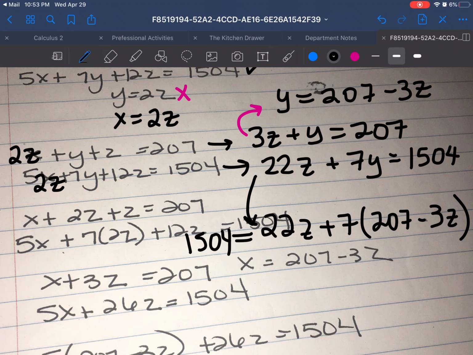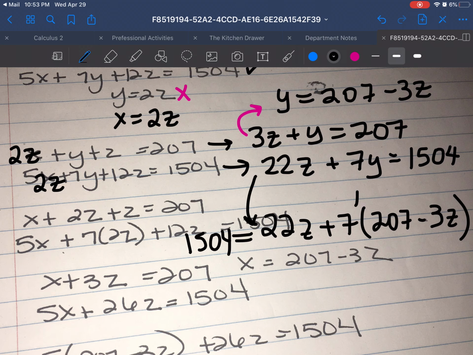And so if you solve, let's see, I should have figured out the product of 7 and 207. So 7 times 207 is 1449.